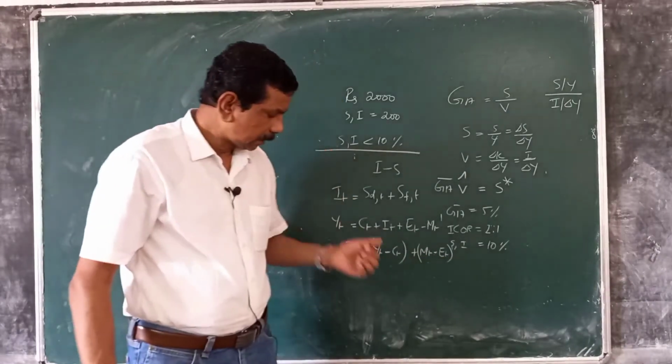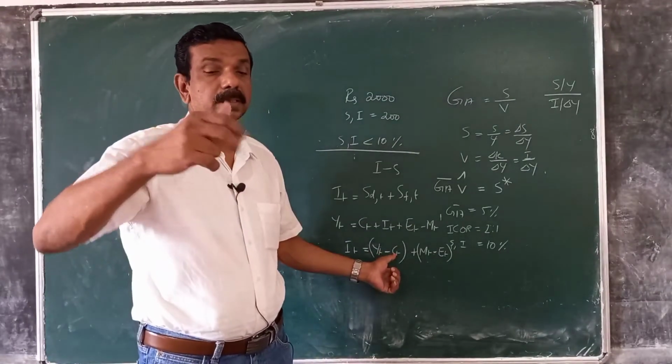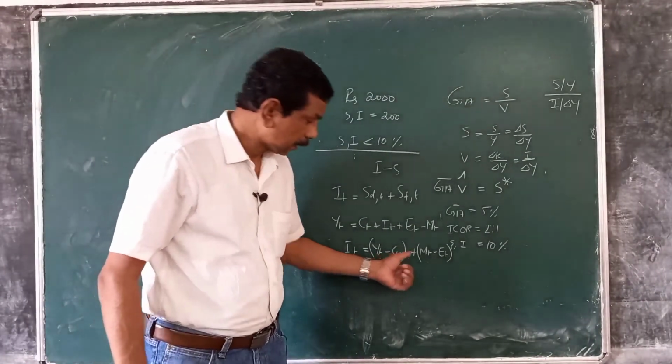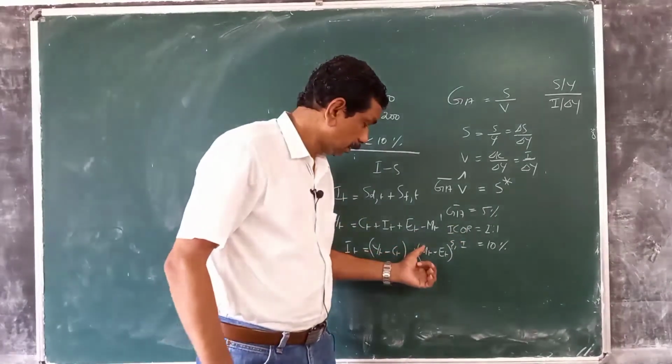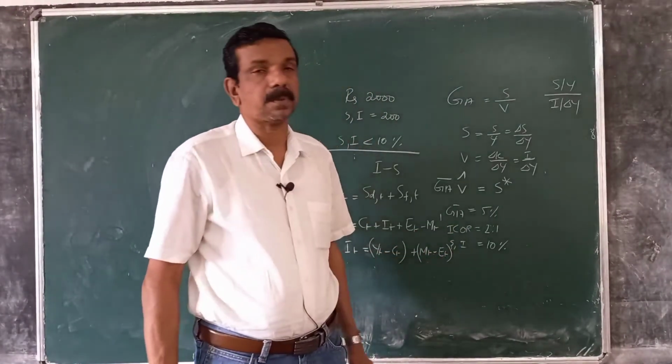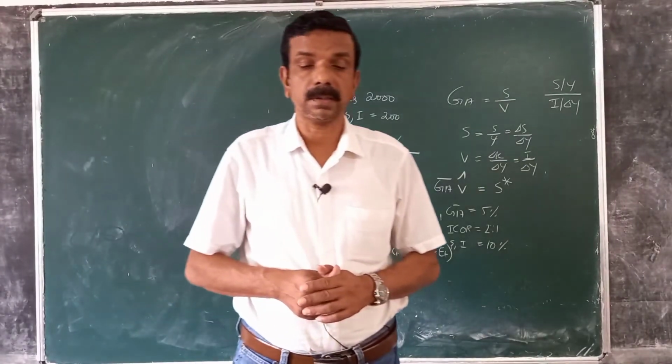And what is this Y_t minus C_t? It is the domestic savings. And what is M_t minus E_t? It is the foreign savings, that is imports minus exports.